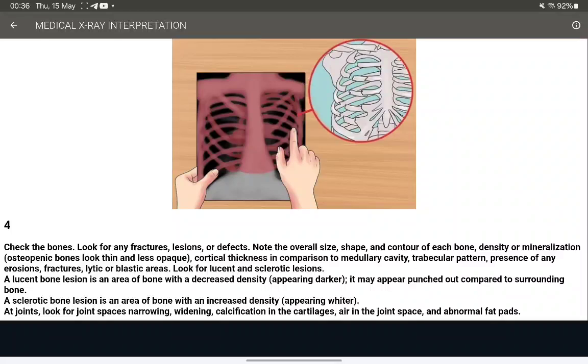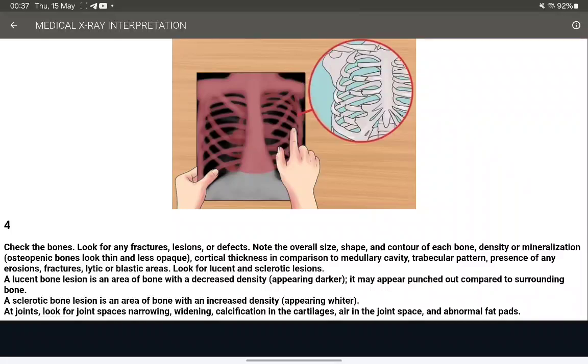A lucent bone lesion, lucent means less dense or blacker, but the normal bone is more opaque, radio-opaque or white. A lucent bone lesion is an area of bone with decreased density that appears darker. It may appear punched out, like a hole within the normal bone, compared to the surrounding bone.